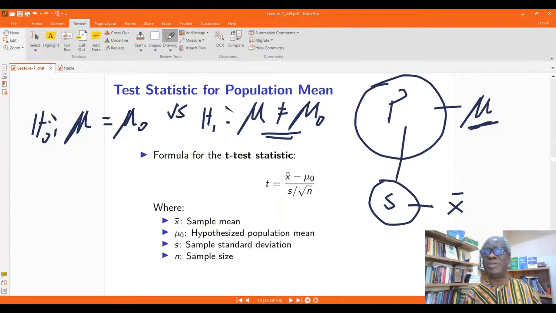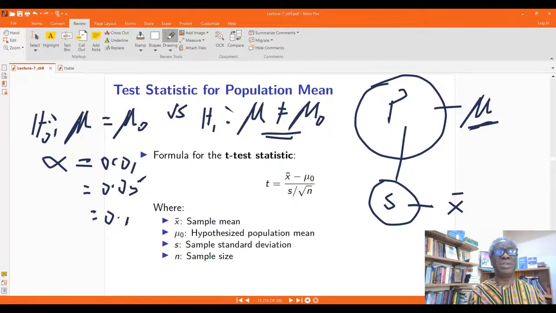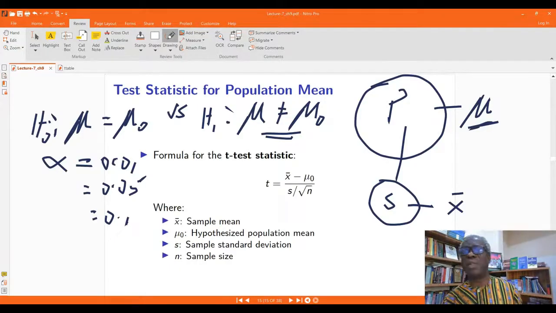That is the error of rejecting the null hypothesis when it is true. So we have to choose the alpha. And our alpha can be 0.01, can be 0.05, can be 0.1, or any value in that range.